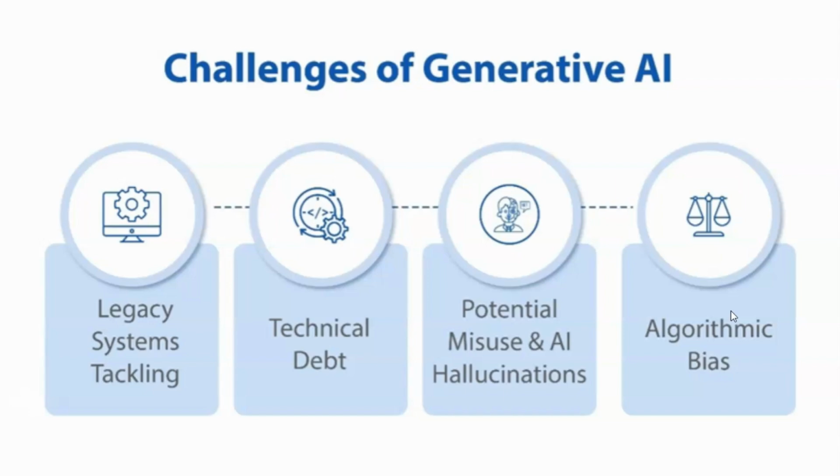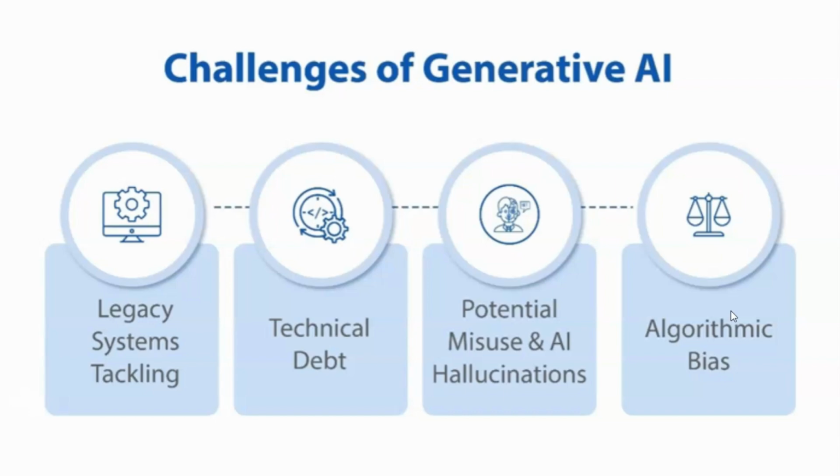Okay, so what are the challenges that we have in generative AI? Legacy systems: it's very difficult for us to manage the legacy systems and the huge amount of data that we have. We need to manage all these things, which is the tricky part. And technical debt: you have to have lots and lots of technical work being done in the back end. Then we have potential misuse.